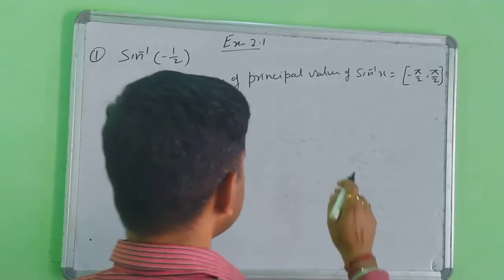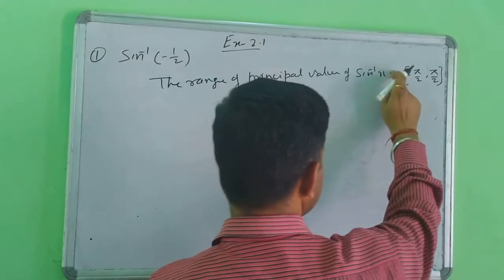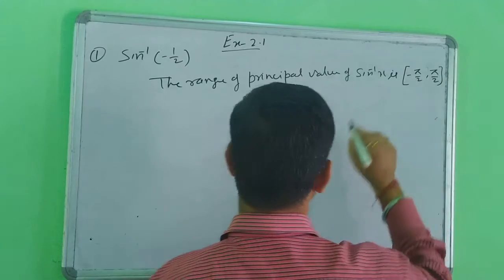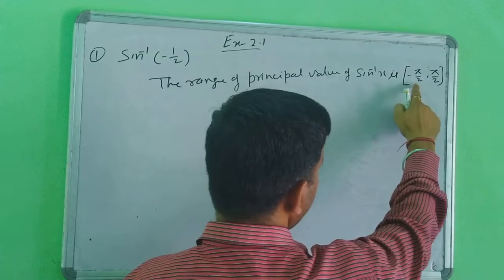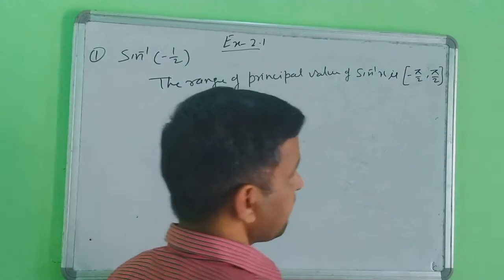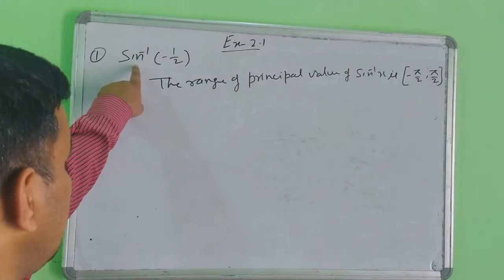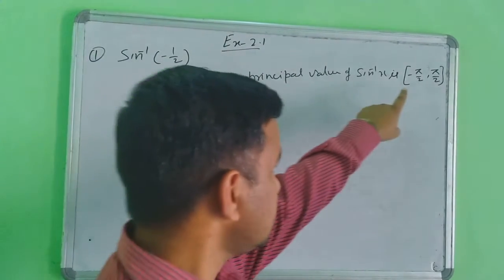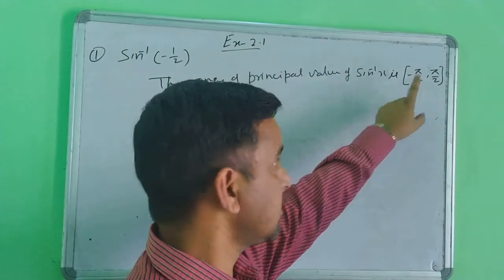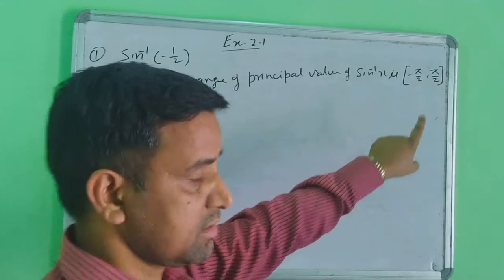Here you write theta or x, it does not matter. The range of the principal value of sin inverse x is minus pi by 2 to plus pi by 2. This means that if the answer satisfies this range, then the answer will be correct. Or if the answer does not satisfy this range, the answer will not be correct.